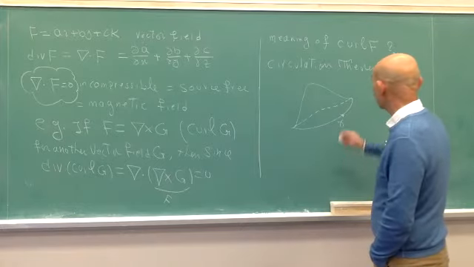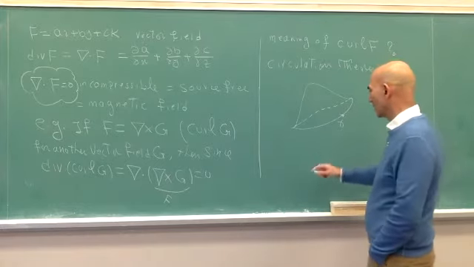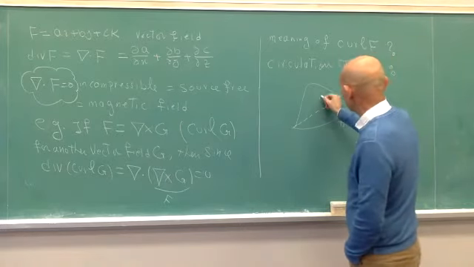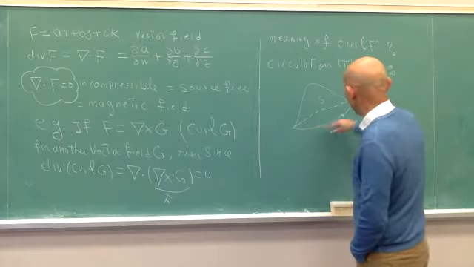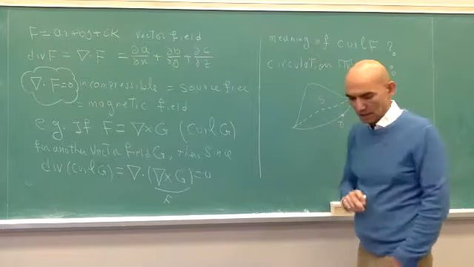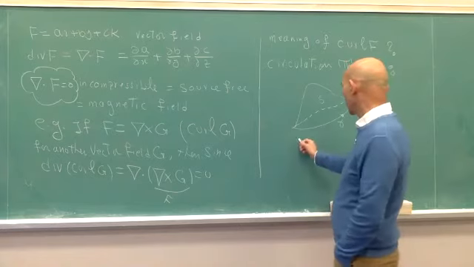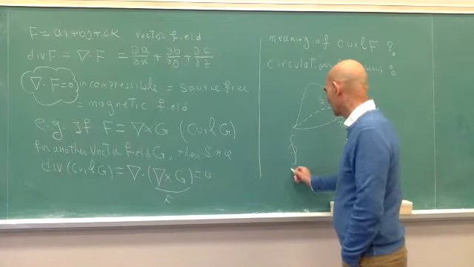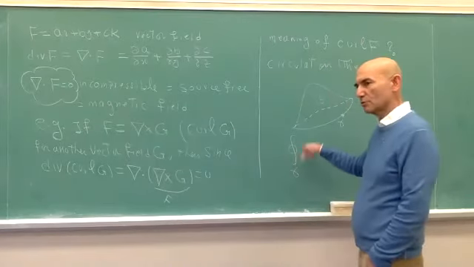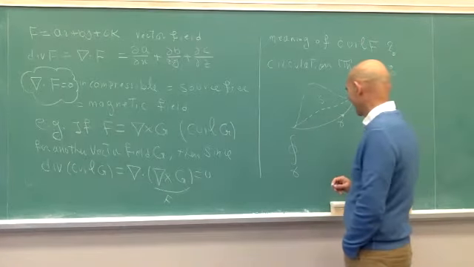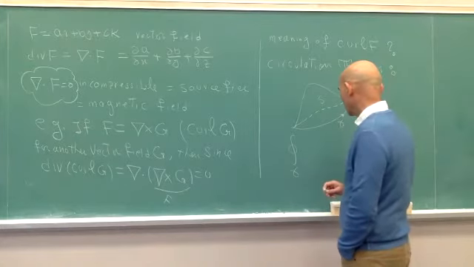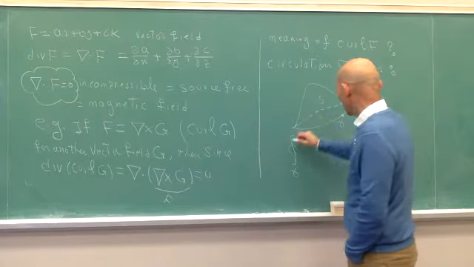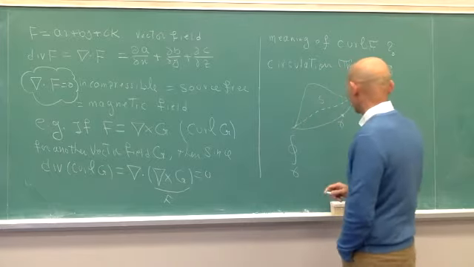Then the circulation theorem is the following. This is the surface itself, I call it S, and this is the boundary of S, the curve gamma. The theorem says that the integral over gamma, just to make you happy I put the signs, is the circulation of this vector field along this path gamma.